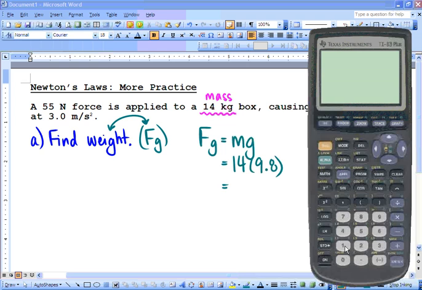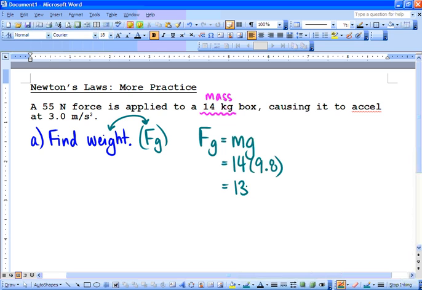Sorry for the little pause there, trying to get my computer working. 14 times 9.8. Let's hit our 3 sig figs. Let's call the weight of this object 137 N for newtons. So, going back to the first part of this chapter, we need to know the difference between weight and mass.